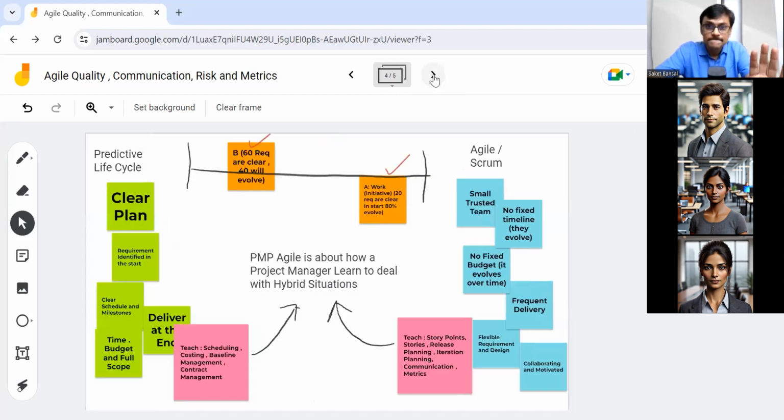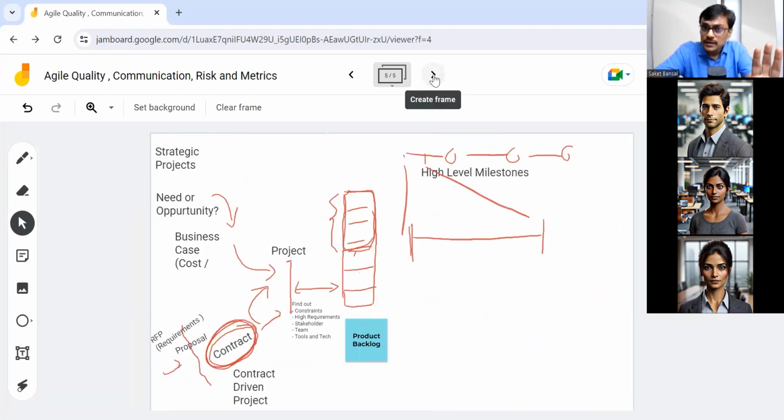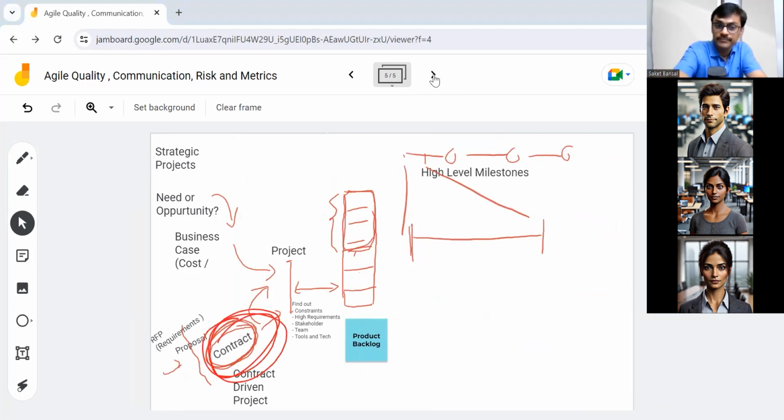So as I said, your major life cycle approach is defined by this contract only. Many a time when you think about Agile and Scrum, people will say, looking at a requirement, we will decide, do we want to do Agile, do we want a predictive life cycle? That's one factor. But in a good percentage, if you are doing a contract-driven project, Agile or not Agile is defined by what my contract deliverables are, what my terms and conditions are, how I get money.